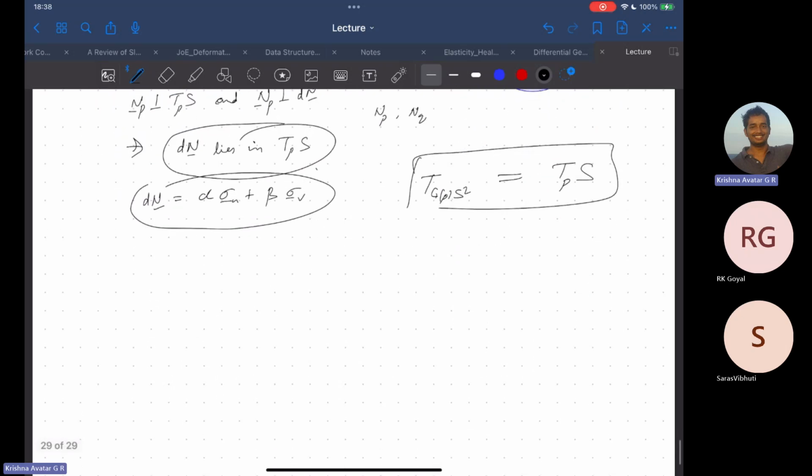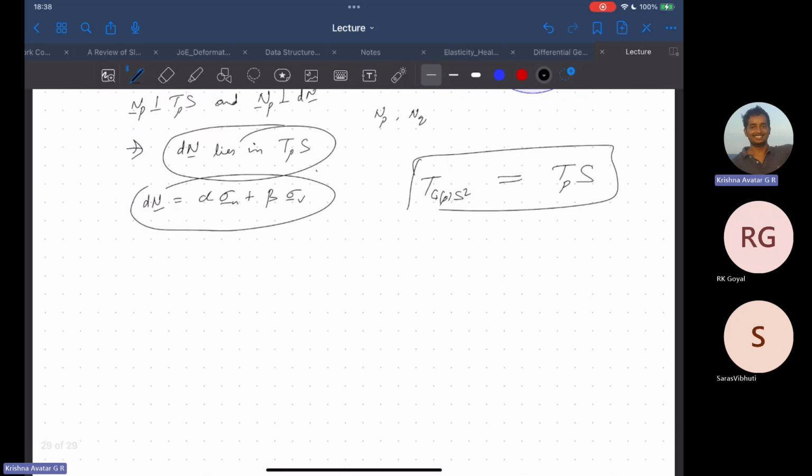Now I'll ask, where is the differential of the Gauss map coming into the picture? All that we know is that the differential of the Gauss map maps T_p S to T_G(p) S squared. This is the script S, and this is S squared, and this is the same as d_pG from T_p S to T_p S, because we are able to show the equality of both these tangent planes.